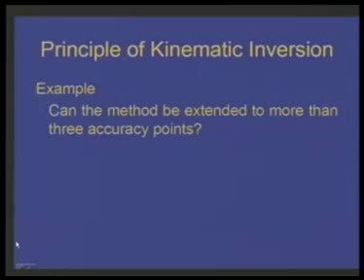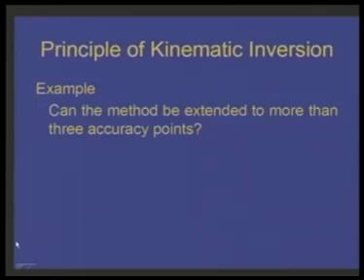You see, the location of A was perfectly arbitrary. I could have taken A anywhere on the plane of the coupler. So there are special locations of this point A such that as the coupler moves through 4 arbitrary positions, A will lie on a circle. So this method can be extended to even 4 accuracy points.